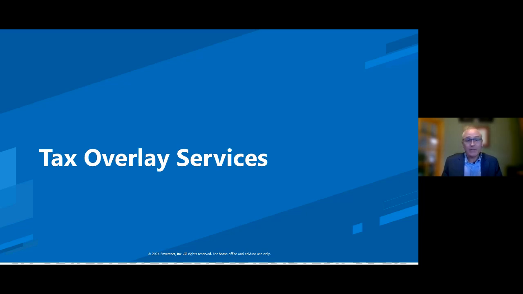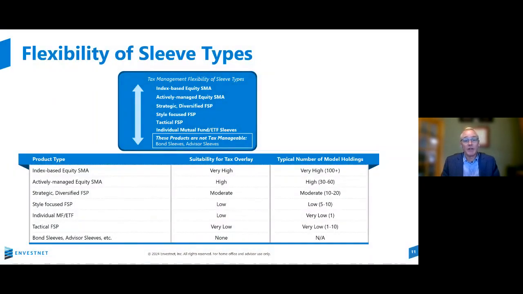So let's get a little bit more specific around our tax overlay services offering. As I mentioned, it is designed to take advantage of that equity SMA sleeve, but we do have the ability to tax manage additional sleeve types like FSP sleeve types. So we put this slide together to make an important point that although we can tax manage a variety of different types of sleeves, there are certain types of sleeves that have a more effective tax management outcome for the end client.